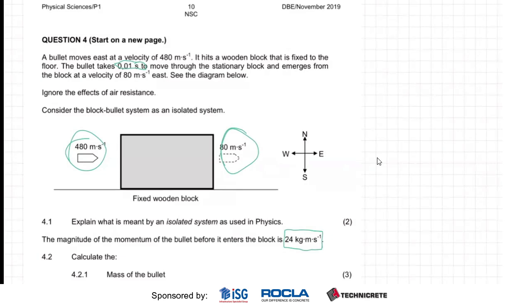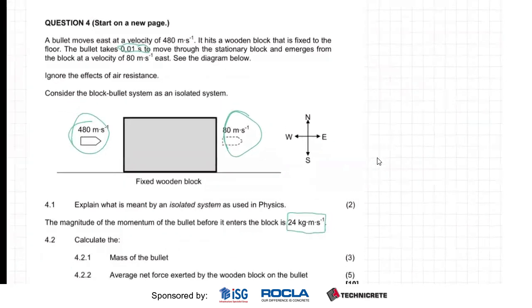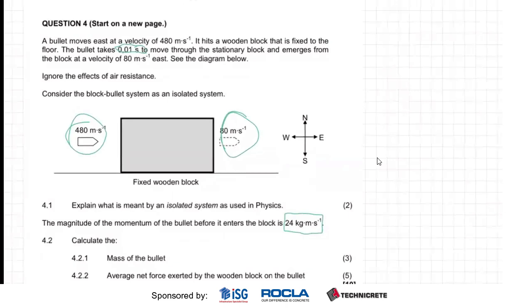So if we look at what formula we have that involves momentum, maybe involves velocity, maybe involves time, and definitely involves mass, because we're looking for the mass of the bullet. How much does the bullet weigh? Not the weight of the bullet, the mass, because weight involves gravity, we want mass.